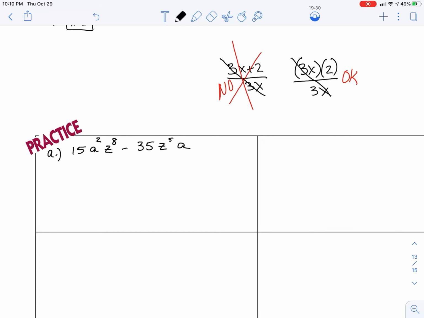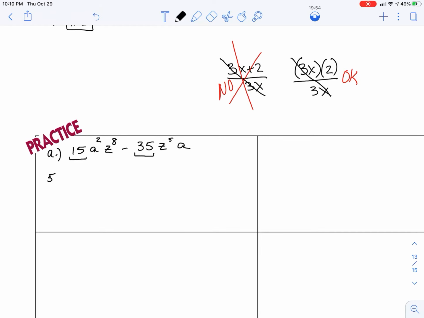All right, so let's look at these. You can do this the long way if you want to. I think we should go ahead and start thinking about doing it just to begin to train ourselves what we're looking for here. So what's the greatest common factor of 15 and 35? What will go into those? The greatest common factor that you can actually take to divide into each one of those would be 5.